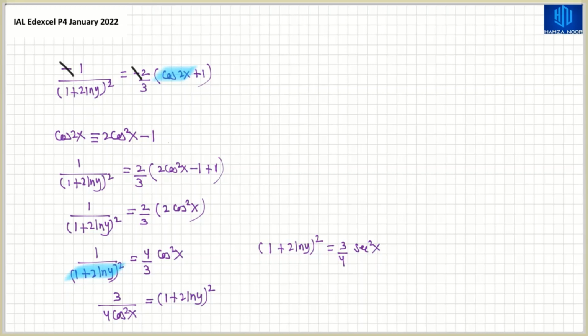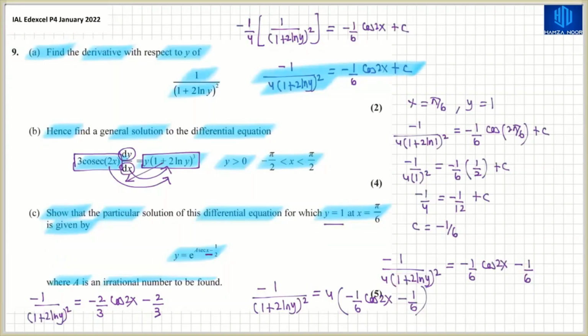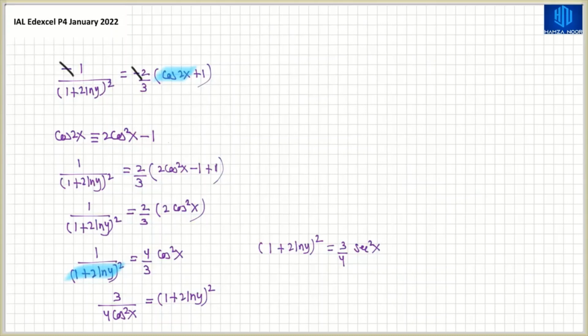Since we are dealing with a particular solution that when y is equals to 1, x is equals to pi over 6. Basically when y is equals to 1, 2 times ln y is equals to 0. So this essentially means that 1 plus 2 ln y will be equals to 1.